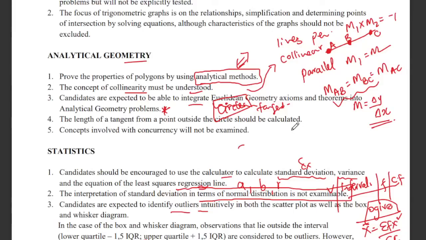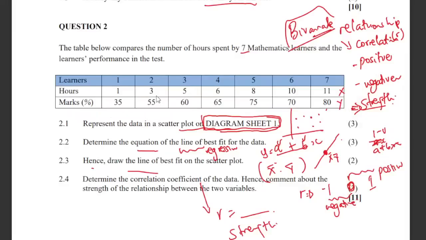At times you can be given two tangents, and you know that tangents from a common point will be equal, or you can be given things that deal with the tan chord theorem. We should remember that. Then the length of a tangent from a point outside of a circle should also be calculated. Concepts that deal with concurrency will not be examined. So that is fine. Let's look at the sample questions under analytical.